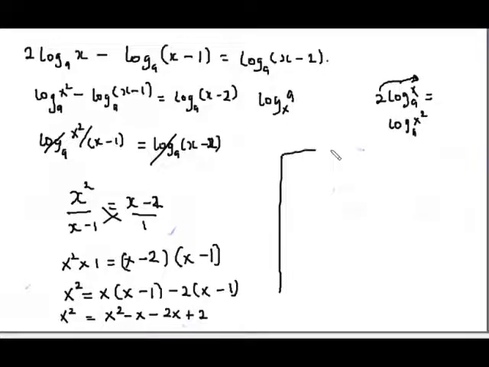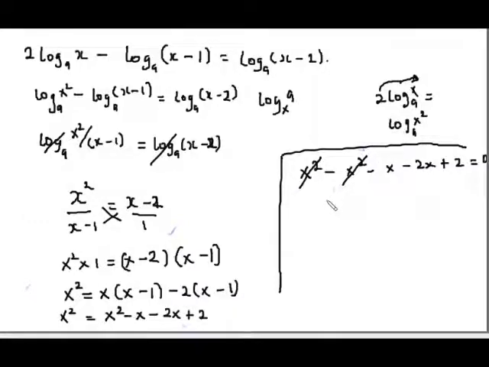So this becomes x squared. If I'm moving the x squared towards this side, it becomes x squared minus x squared minus x minus 2x plus 2 equals 0. So that x squared cancels out x squared. So I have minus x minus 2x, which is minus 3x, plus 2, and that equals 0.